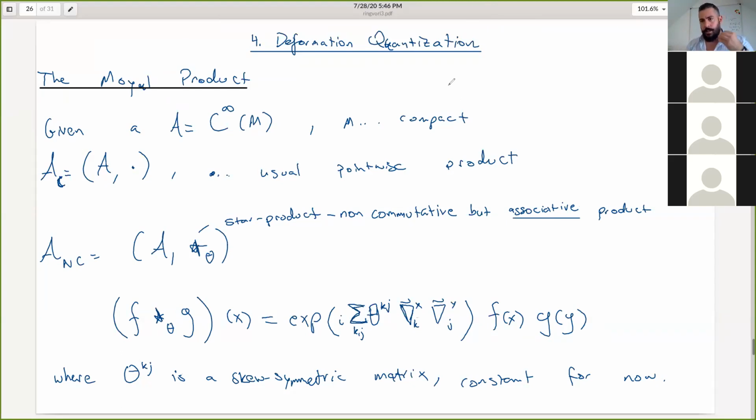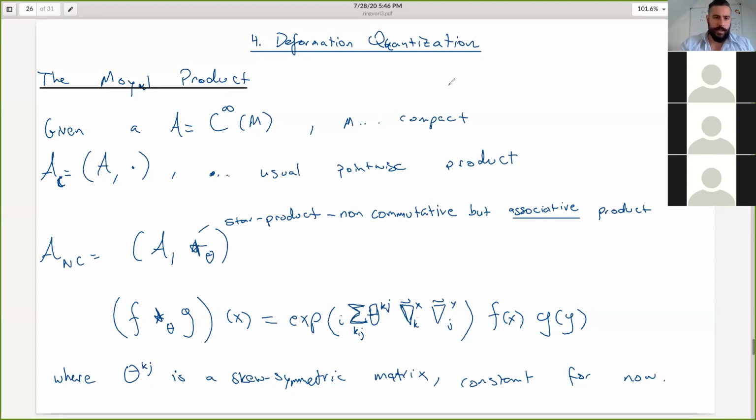Deformation quantization means you take an algebra and you deform it by some sort of power series in such a way that this deformed algebra still fulfills the algebraic properties, and if I set the parameter on which this deformation depends equal to 0, you go back to the original algebra.